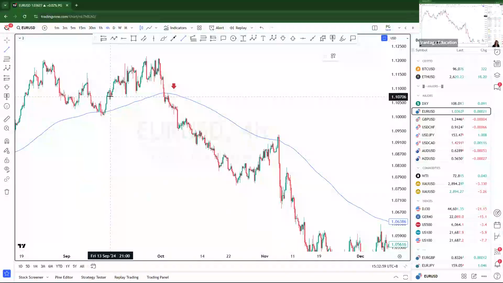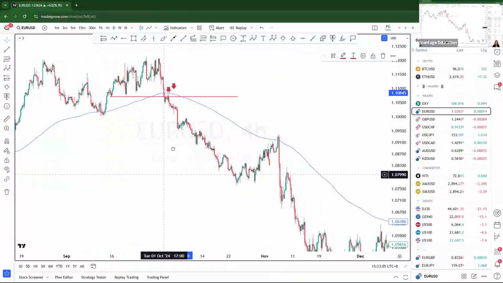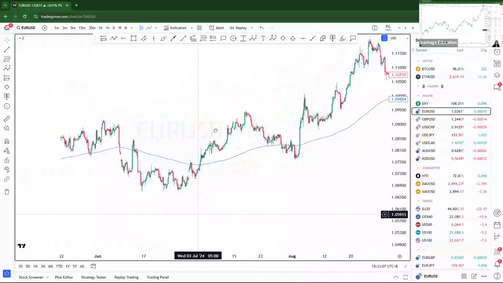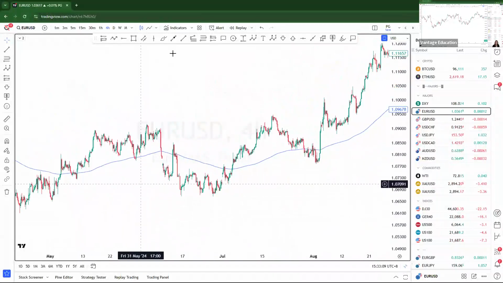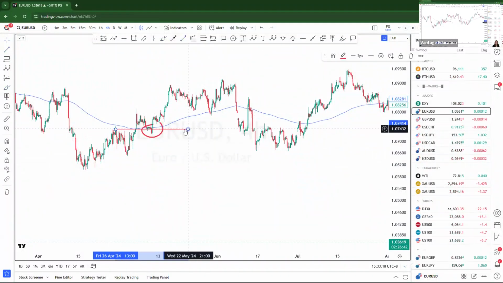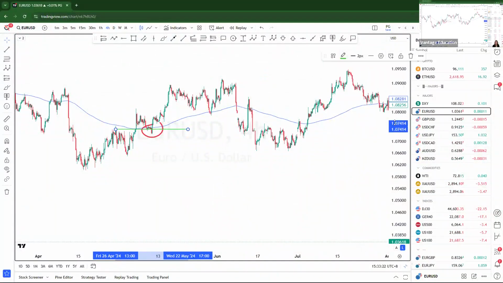Now it becomes your pullback resistance level. We're gonna sell here, right? If price goes above the EMA 200, you buy. In this case, the EMA also acts as the support level. You wait for price to pull back, and this is your support level.